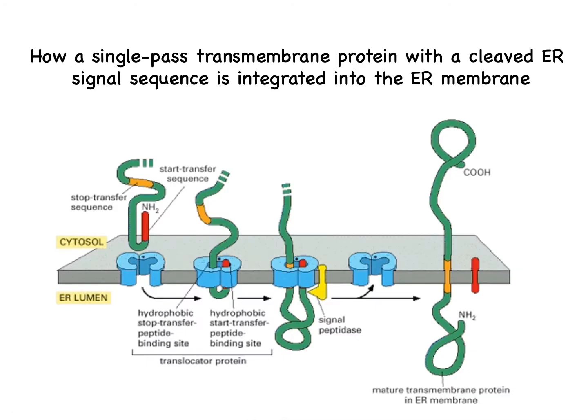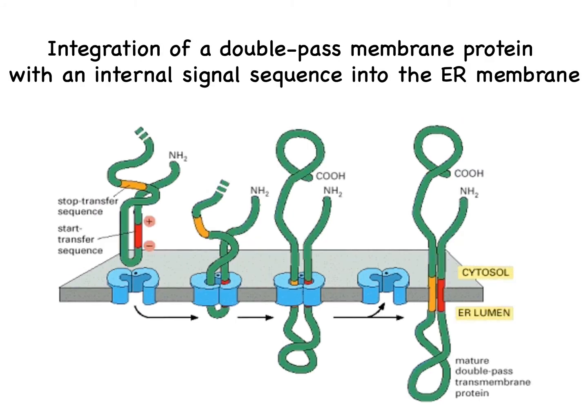And this is another example, and I'm not going to go through these in detail, just show you one more example where both ends of the peptide end up out in the cytosol, and there's a loop of protein in the lumen of the ER.